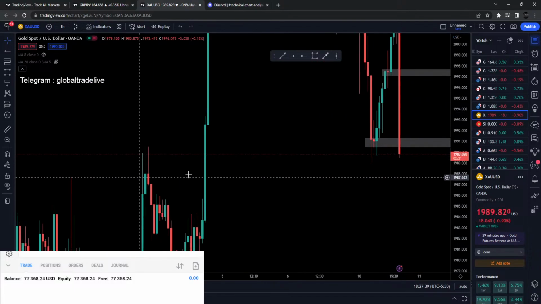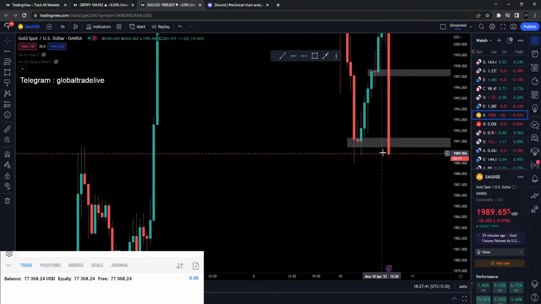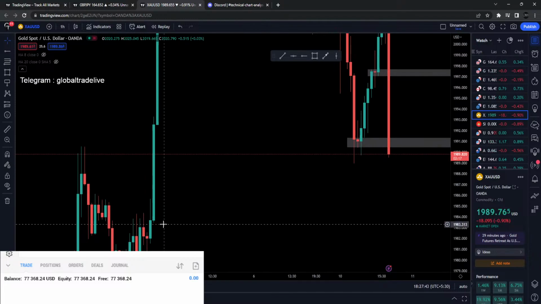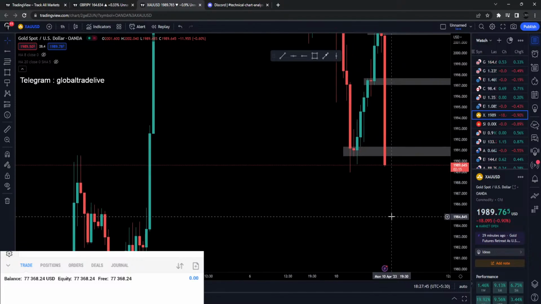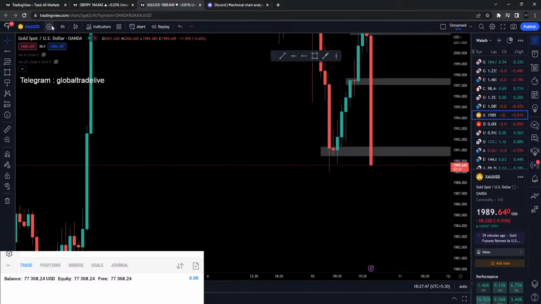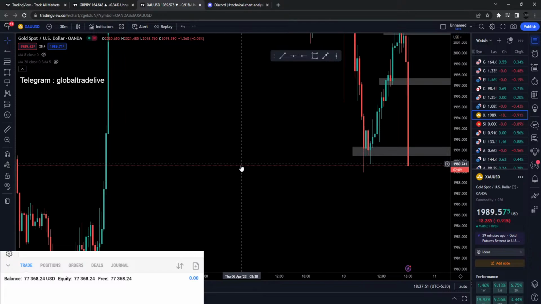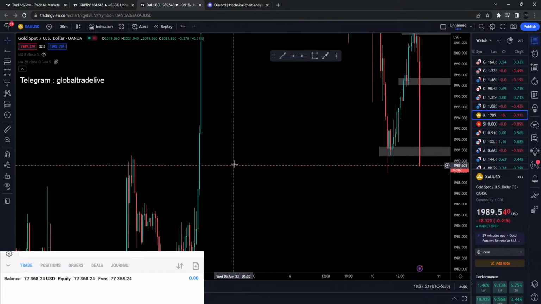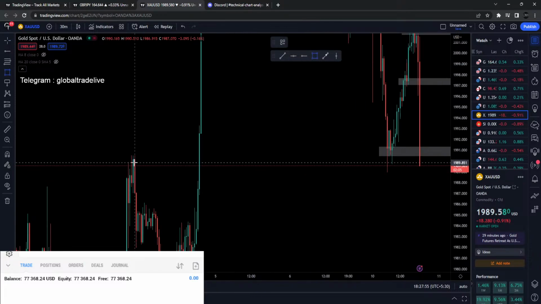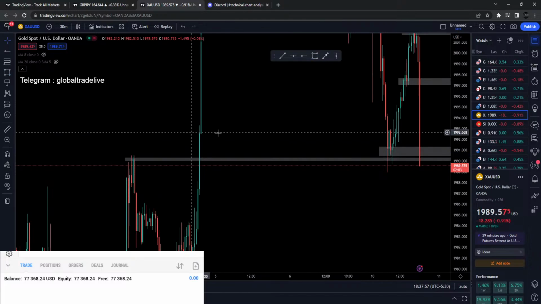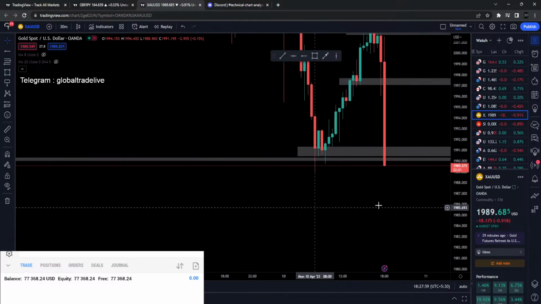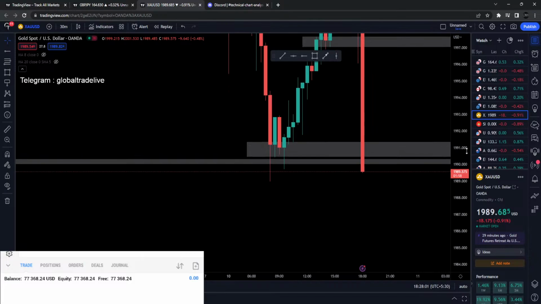If we talk about gold, we still got this massive range over here, right? So let's see how this 1-hour candle will be closing, and after that let's see if we can take a trade or not. Basically there is a zone over here.